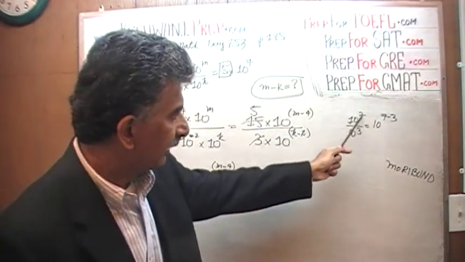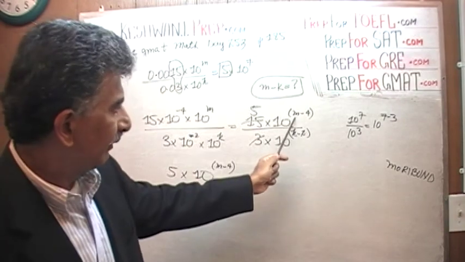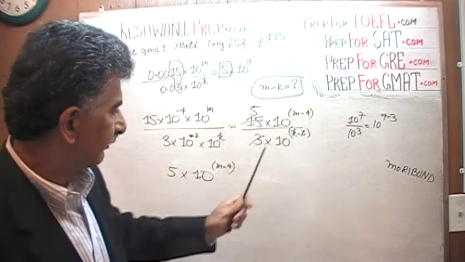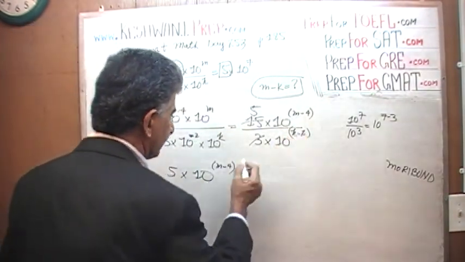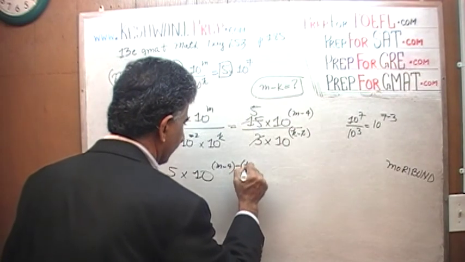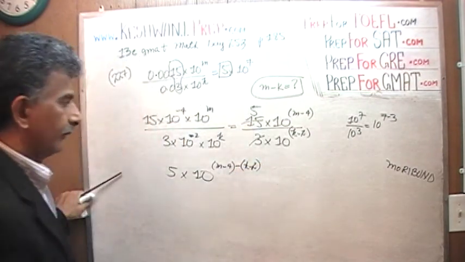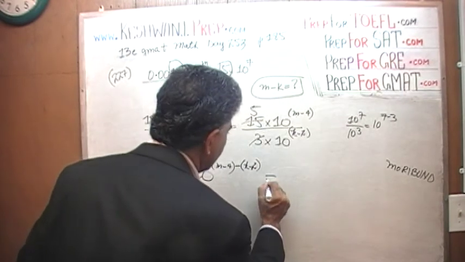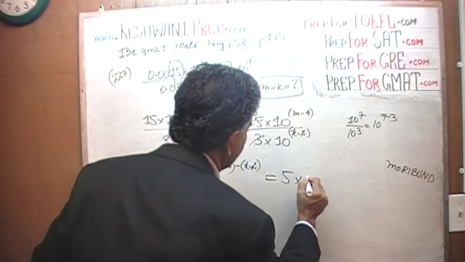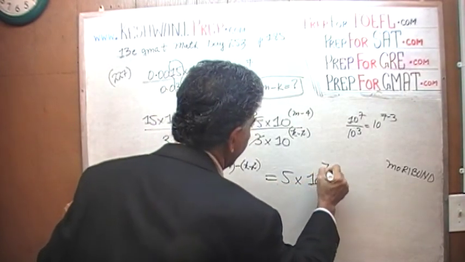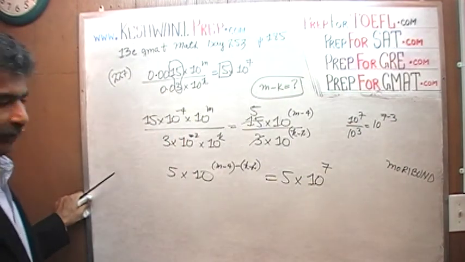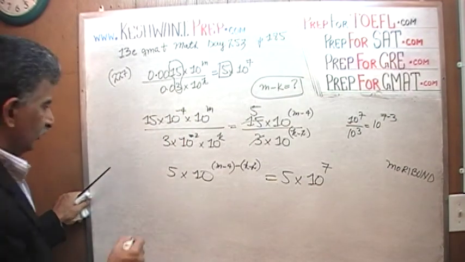Same thing is going to happen here. It's m minus 4, the top exponent, minus the bottom exponent, k minus 2. And that equals 5 times 10 raised to 7.